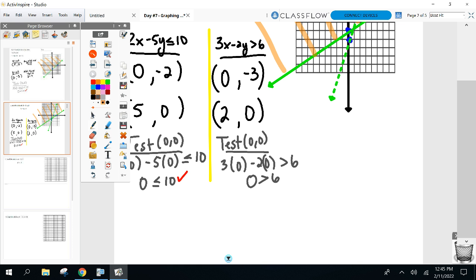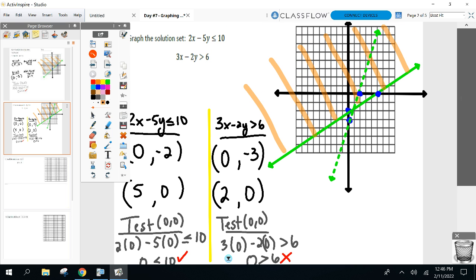No. So guess what? I don't want to shade 0, 0 on this line because it's not a solution. So on this dashed line, let me go right or left here this time. Right. Yep. I want to shade to the right and see where my shaded regions overlap. And hopefully it's obvious to you.